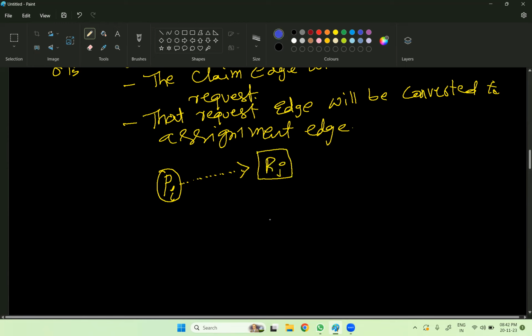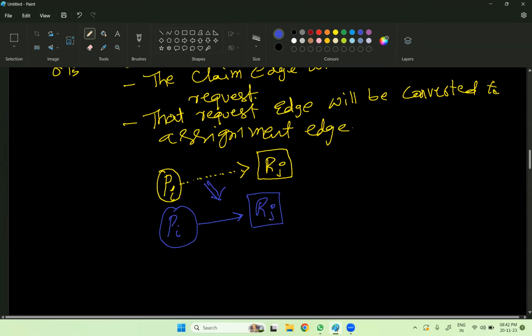Soon, when it is actually required, this particular edge is converted like this, Pi requests Rj.